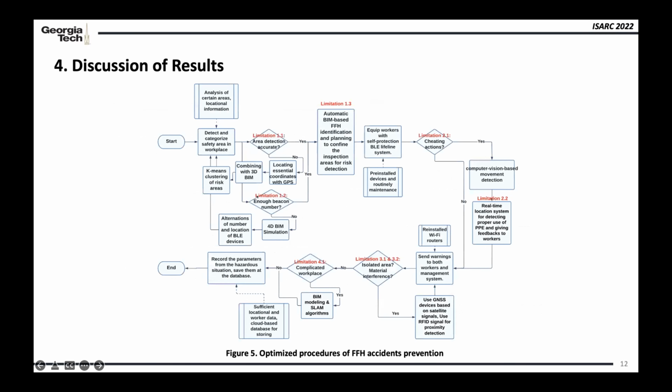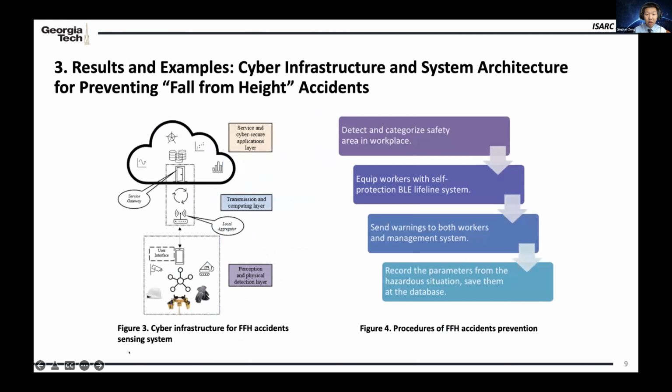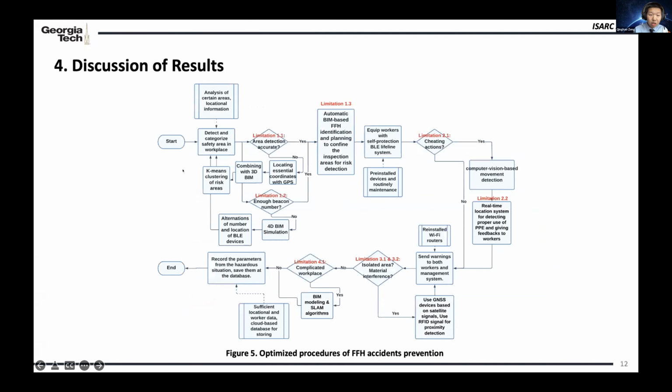Okay, finally, here comes the optimized decision-making process model for minimizing the number of FFH accidents on construction sites. It begins at the first stage, as shown in this slide, detecting and categorizing safety areas in the workspace. After that, it comes to the decision-making point, which is the insight of this research.